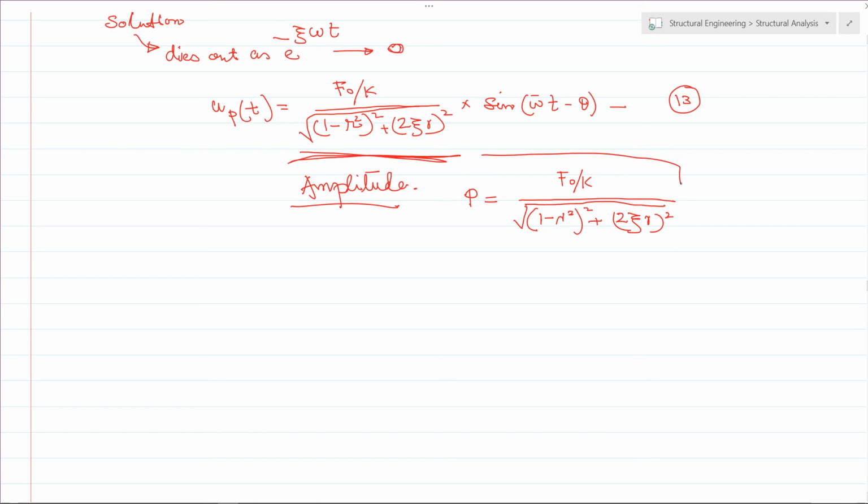So this is our amplitude of the steady state motion. Say this is our equation number 14. So far we have solved our problem.